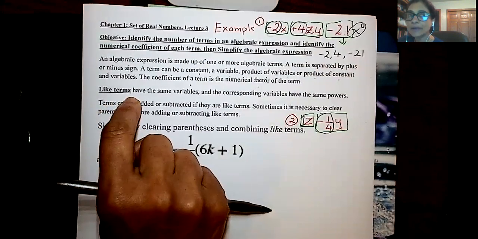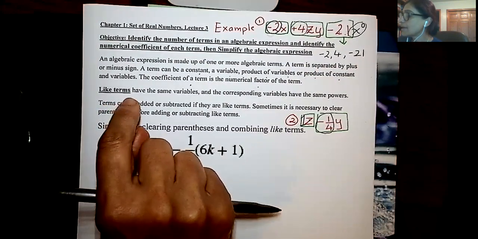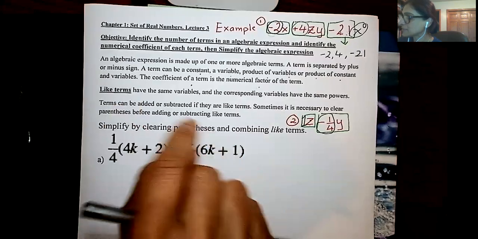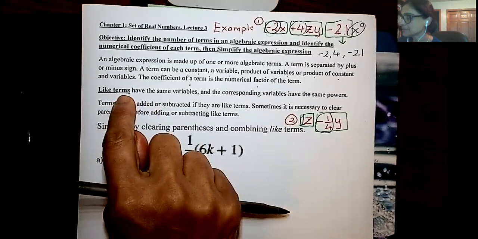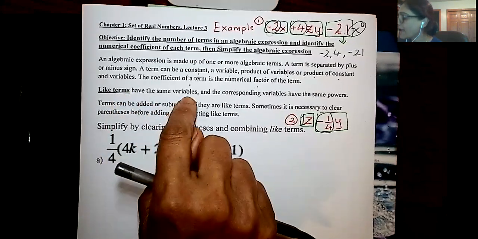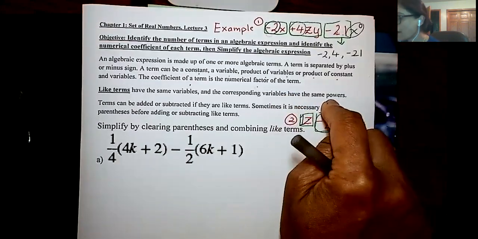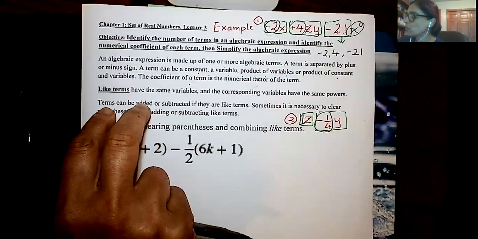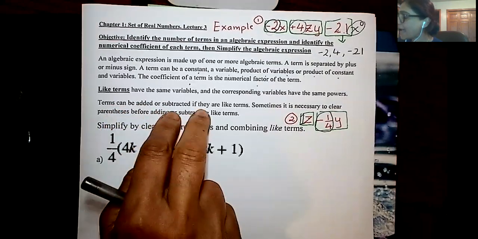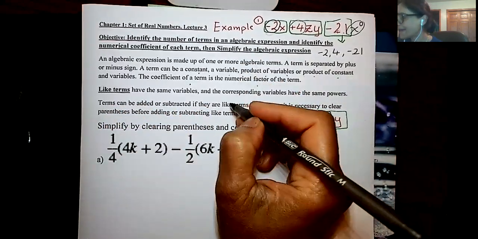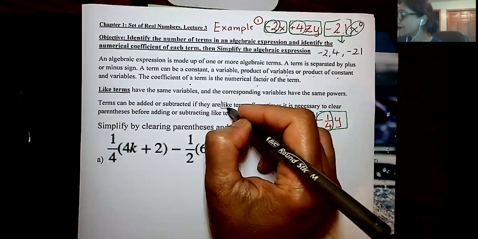So why are we talking about terms? If you have an algebraic expression with like terms, they have the same variables and the variables have the same power. Then terms can be added and subtracted if they are like terms.